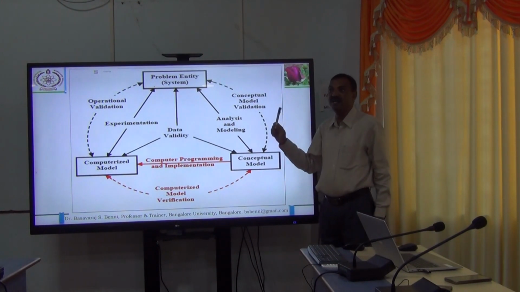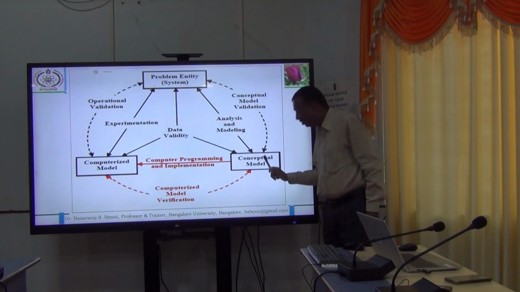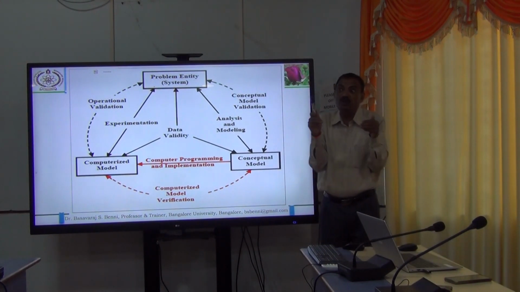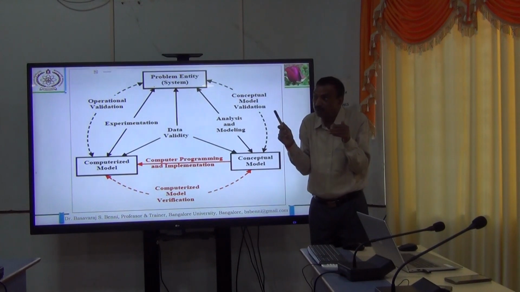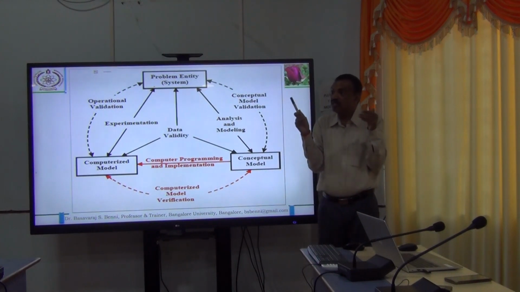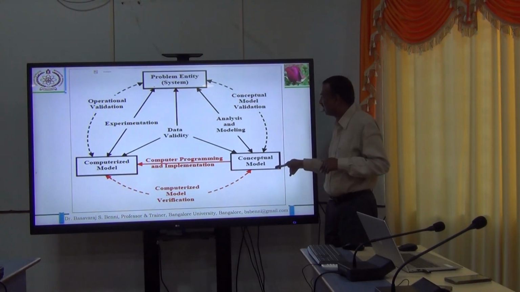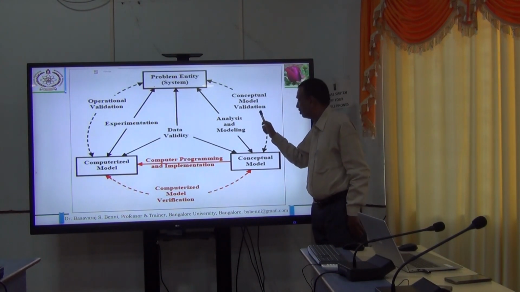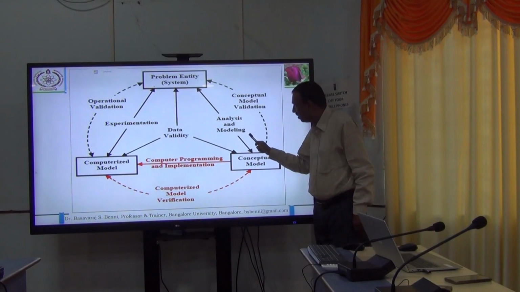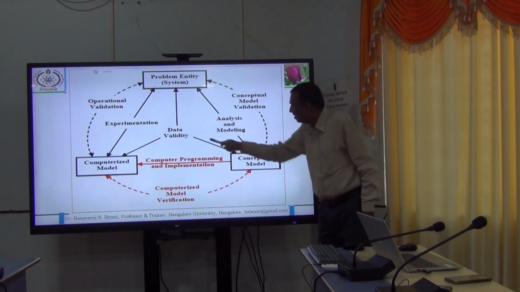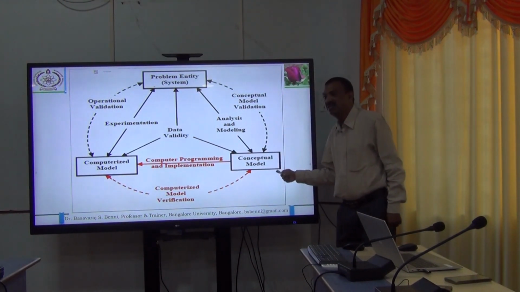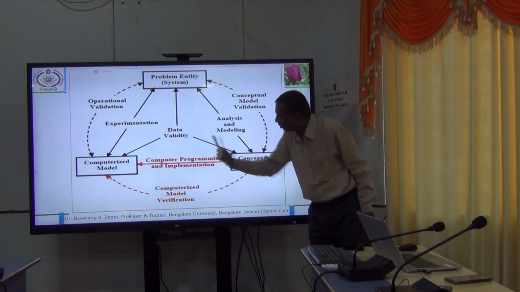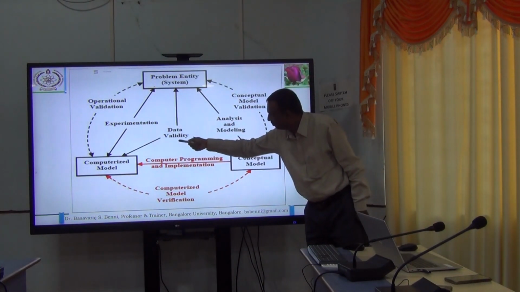I am linking the problem to theory, whether there is a positive relationship or a negative relationship, correlation, regression, all those things come in understanding. So conceptual model validation, analysis and modeling all need data while bringing the conceptual model. Then go to the computerized side; computerized also needs data.